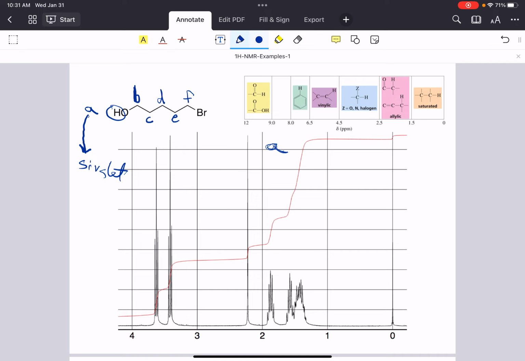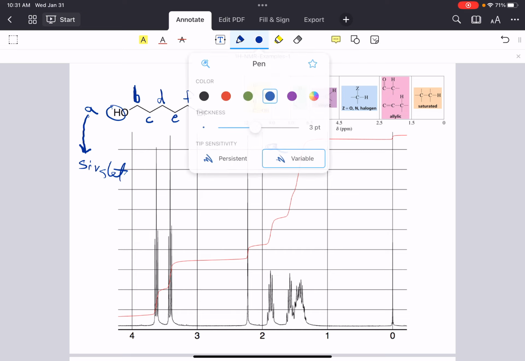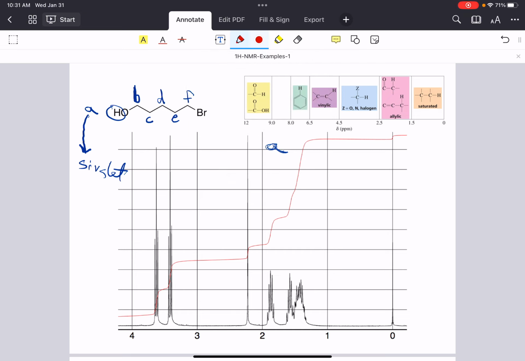Next thing I would do in this spectrum is take a look at the two series of hydrogens that should be farthest downfield. The two candidates for farthest downfield are going to be B, carbon attached to an OH, and F, carbon attached to a bromine. If we look at their expected splitting patterns, B has two neighbors, so B should be a triplet.